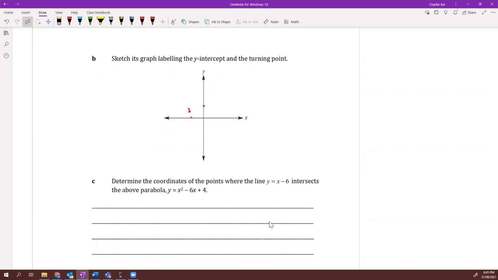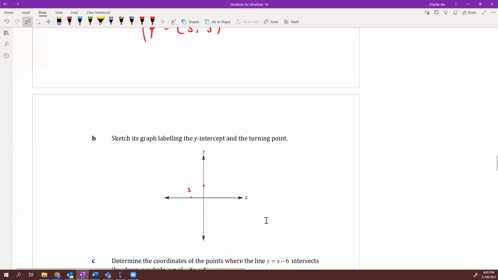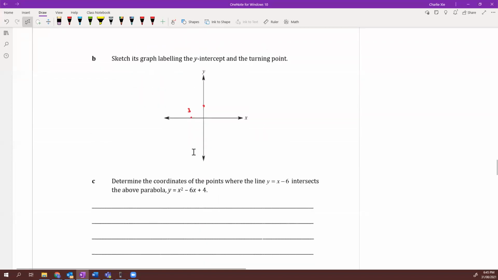And your turning point (3, negative 5) is around here. So that's your turning point. Okay. We don't need to worry about the x-intercepts for this question specifically, because it just says sketch the graph labeling the y-intercept and the turning point. It's got nothing to do with your x-intercepts, so you don't have to work out these two.